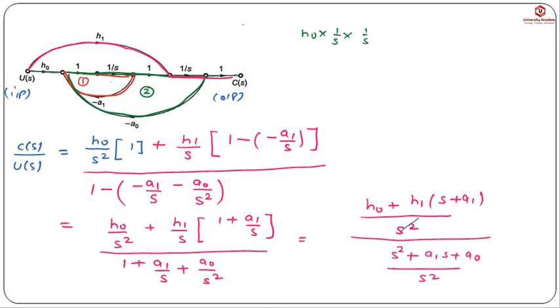S square cancels out, so we get H0 plus H1 into S plus A1 by S square plus A1S plus A0.